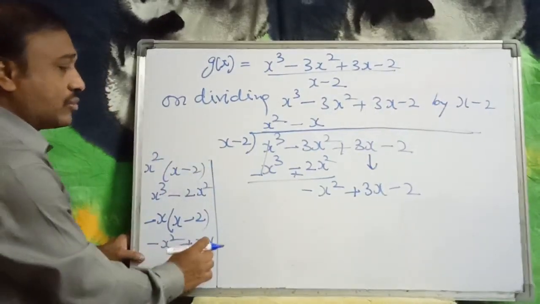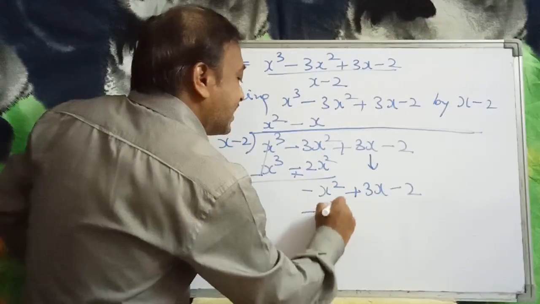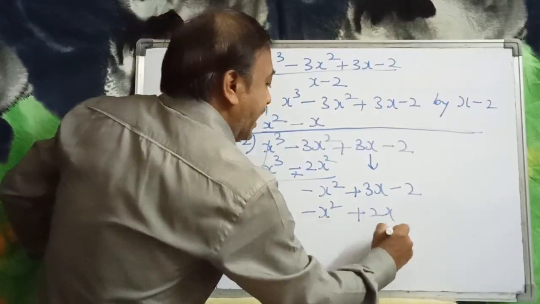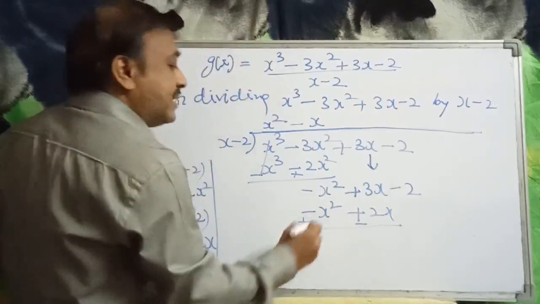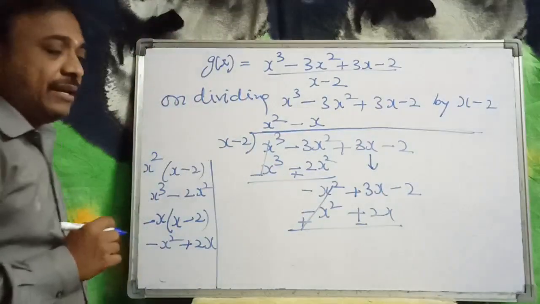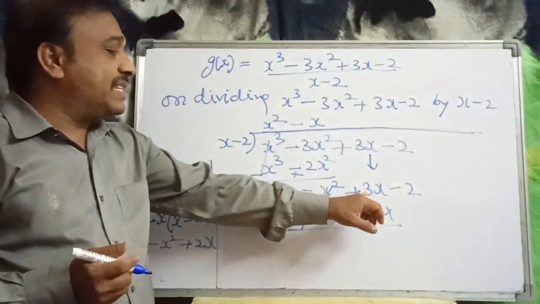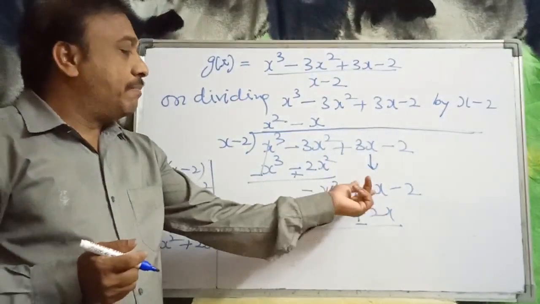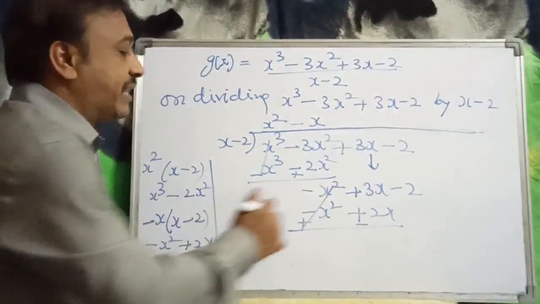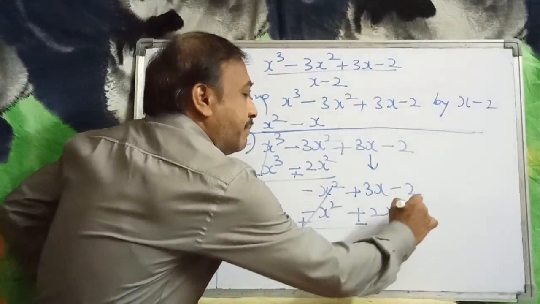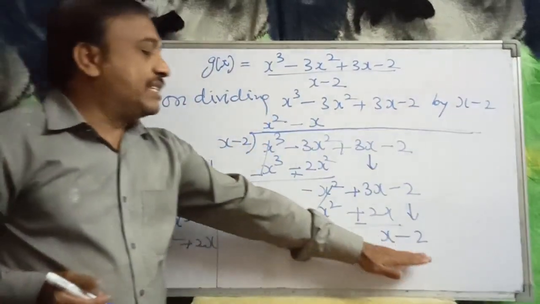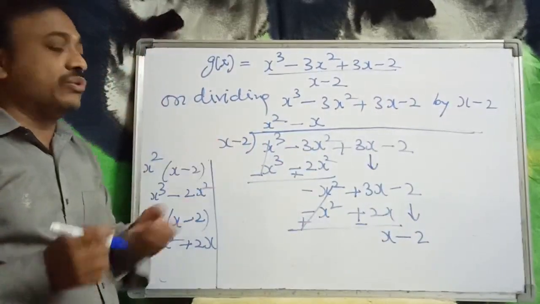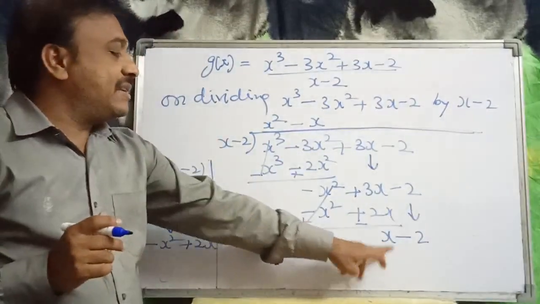So minus x square plus 2x. On subtraction, the signs become plus minus, these two cancel, and plus 3x minus 2x will give you x. Bring down this minus 2. Observe it, x minus 2 is there and x minus 2 is there. We required x and x.